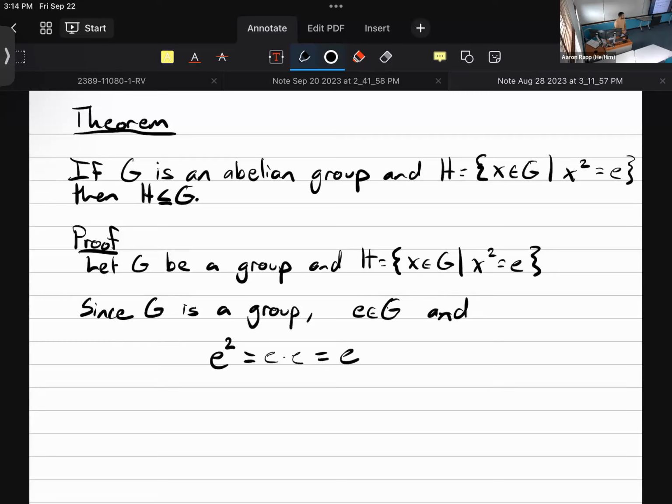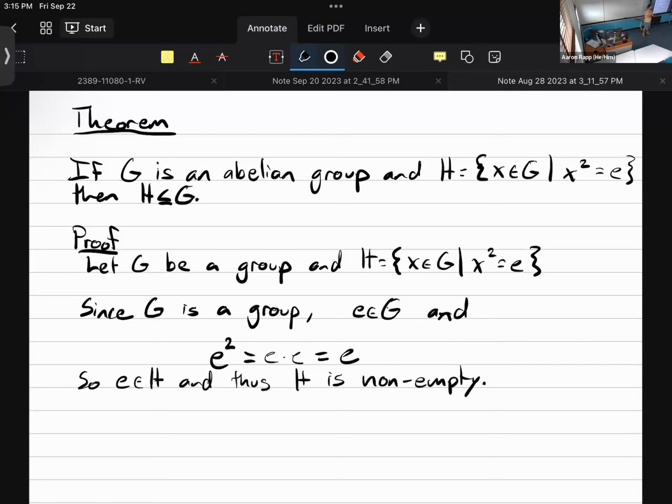So does it satisfy the definition of being an element in the set H? So my identity element is in that set H, and thus H is non-empty. Right, so I know I have a non-empty set. I know it's a subset of my group G, always picking elements from the group G.